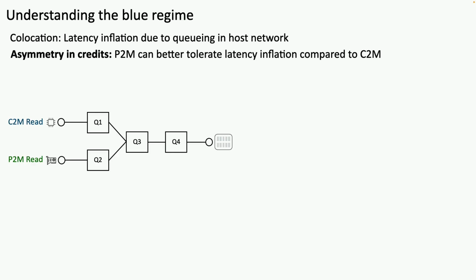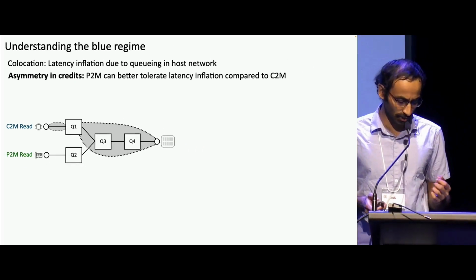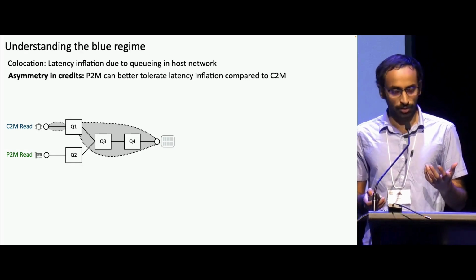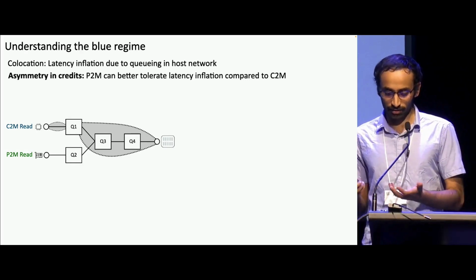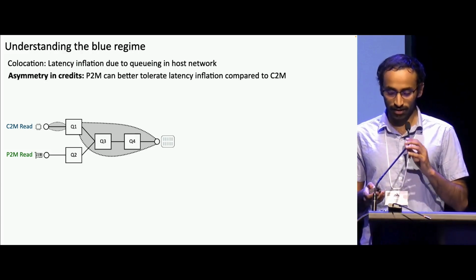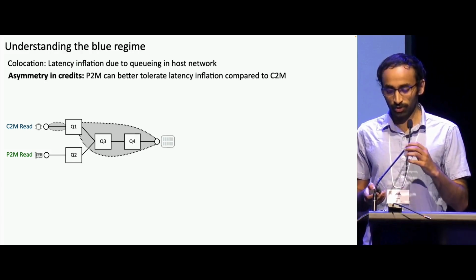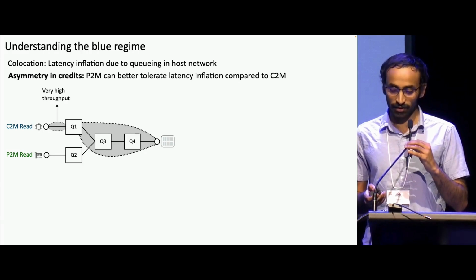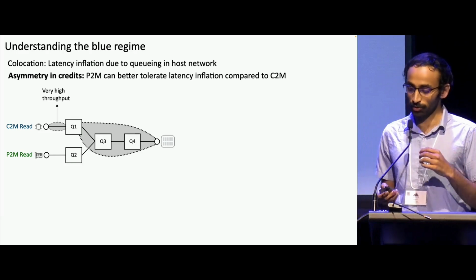Now, let's look at the domains for C2M read. Because each CPU core is able to issue instructions at a very fast rate, at sub-nanosecond timescales, the left side domain can sustain very high throughput.